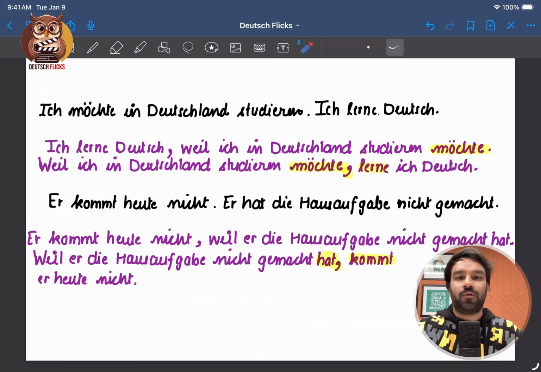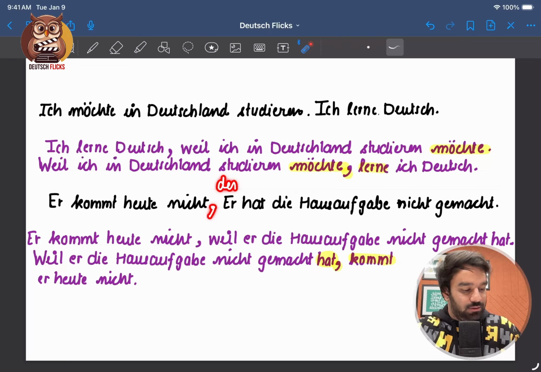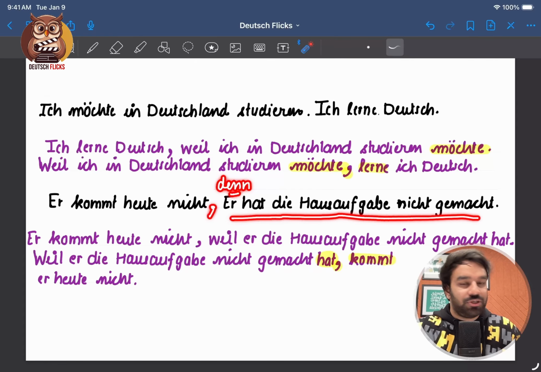That's it. For example, I'll take this, kommt heute nicht, hat die Hausaufgaben nicht gemacht. Now, if I were to phrase this with the help of denn, then what I just have to do is put a comma and say denn. Kommt heute nicht, denn hat die Hausaufgaben nicht gemacht, because he has not done the homework.